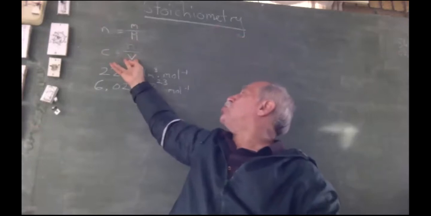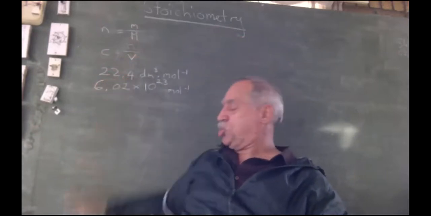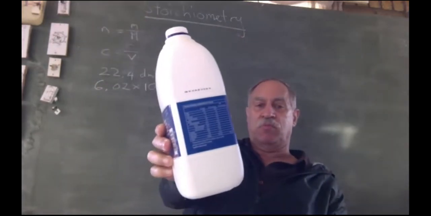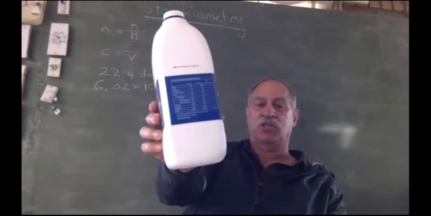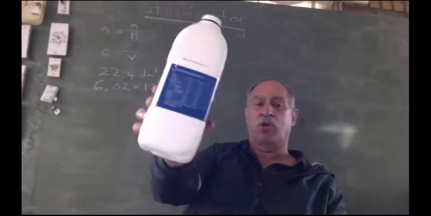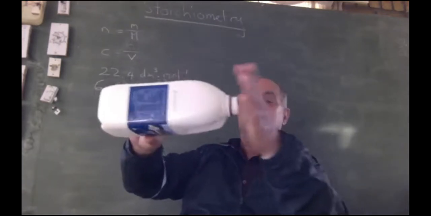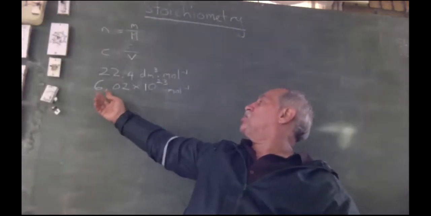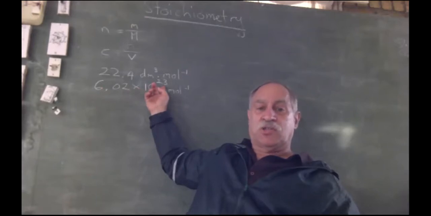Okay, so there's your two things, and then here, 22,4 decimeters cubed. There's 2 decimeters in a milk bottle. If you take 11 of those, you've got 22 decimeters cubed. You've got a mole of gas. If you had to count the number of particles in 22 of these bad boys, you're going to get 6,02 times 10 to the 23 particles of gas.